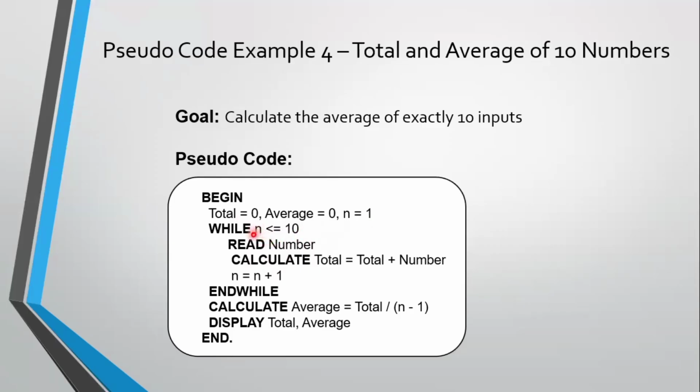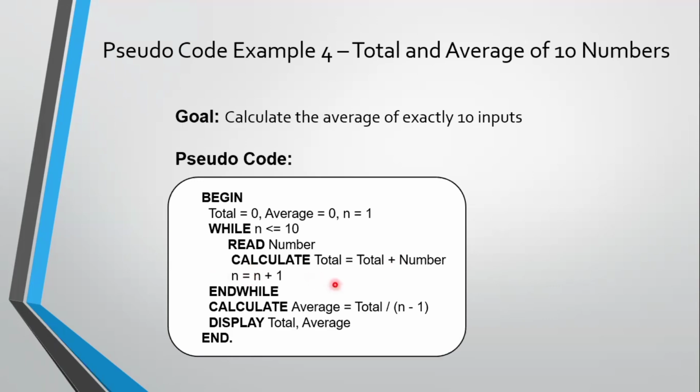Every time we add a number, we add 1 to n, as n equals n plus 1, until n becomes 10. When n becomes 11, the loop stops.